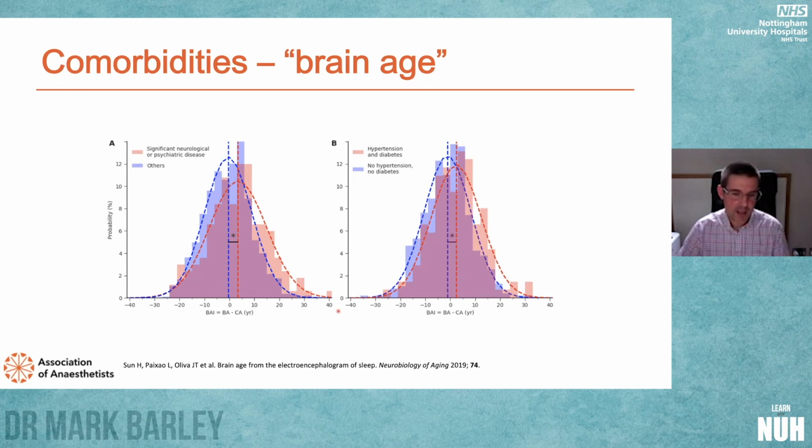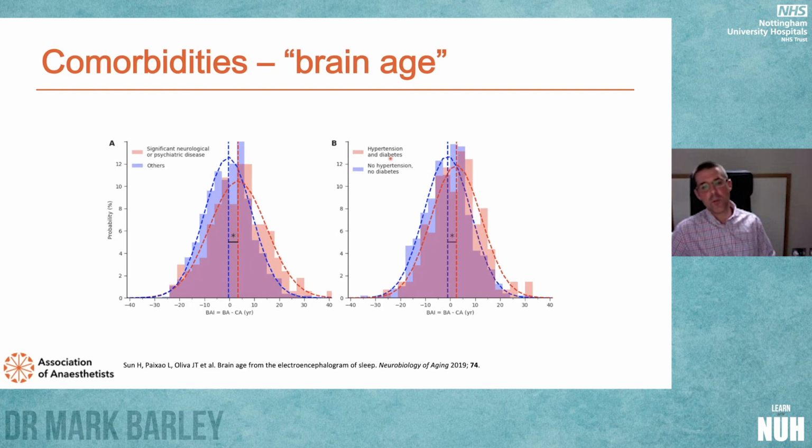If we look here, this is years along the bottom. This is patients with significant neurological or psychiatric disease in the salmon colour, and blue for people without that. We can see that people with underlying neurological and psychiatric problems have brain age which is in excess of both their chronological age and also a healthy matched peer. And the same with hypertension and diabetes.